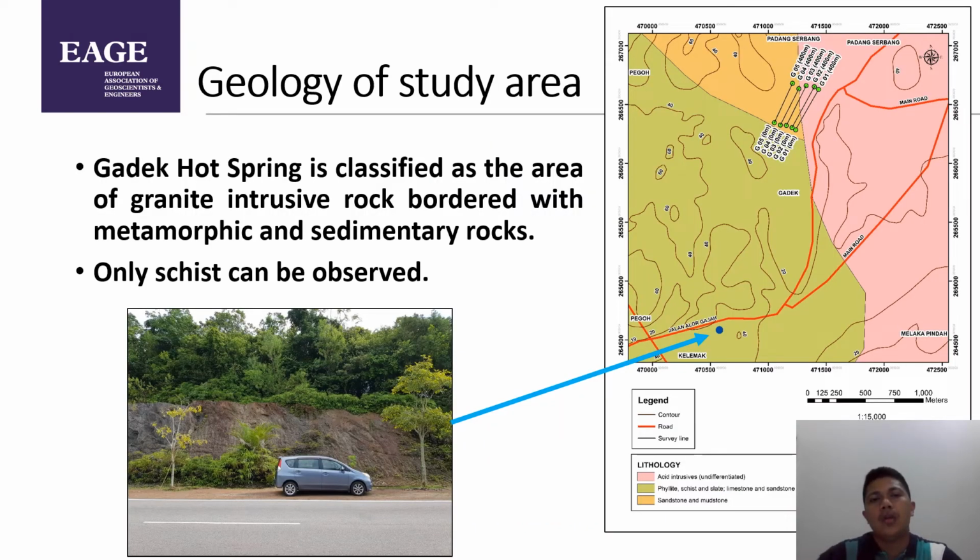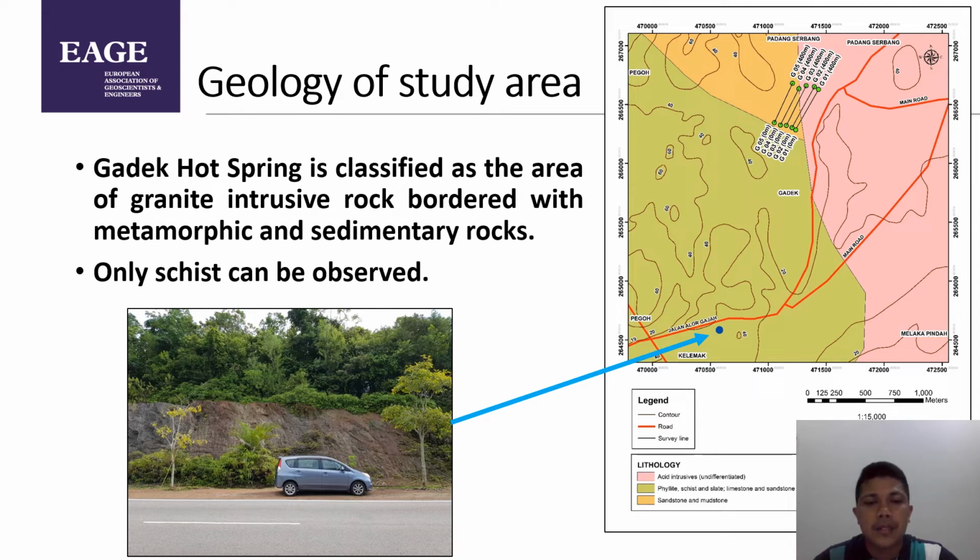Okay, for the geology of the study area, Gadek can be classified as an area with granite intrusive rock bordered with metamorphic and sedimentary rock. Here are the survey lines, and you can see certain survey lines located inside the granite rock, and the rest in the sedimentary rock, which is sandstone and mudstone.